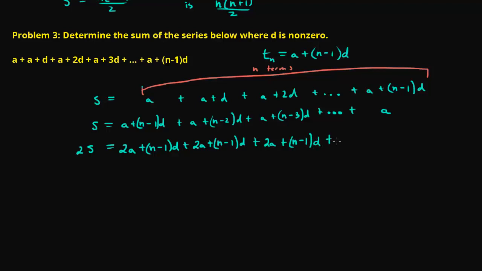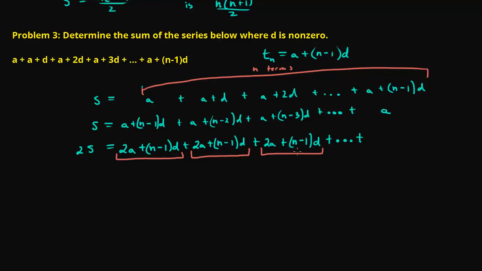You can see what's happening here: all of these values are the same. I've got 2a plus n minus 1 times d when I added the first two terms together, then 2a plus n minus 1 times d when I added the next two terms, and again 2a plus n minus 1 times d for the next two.